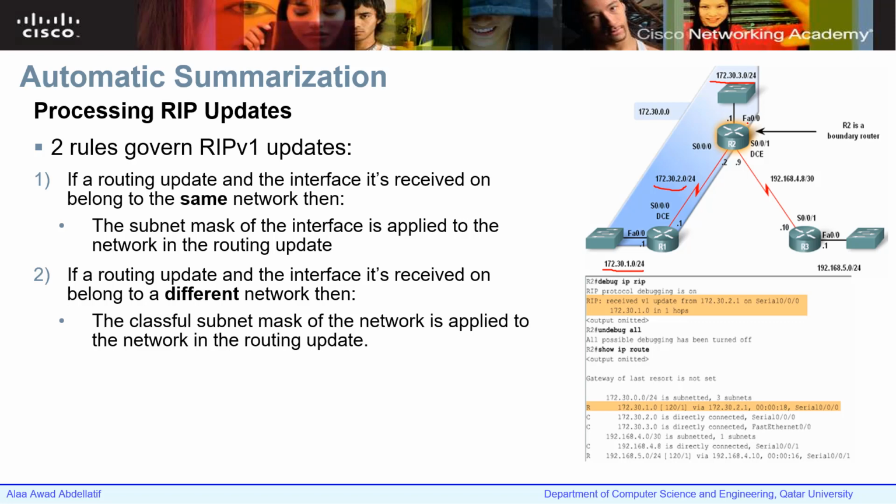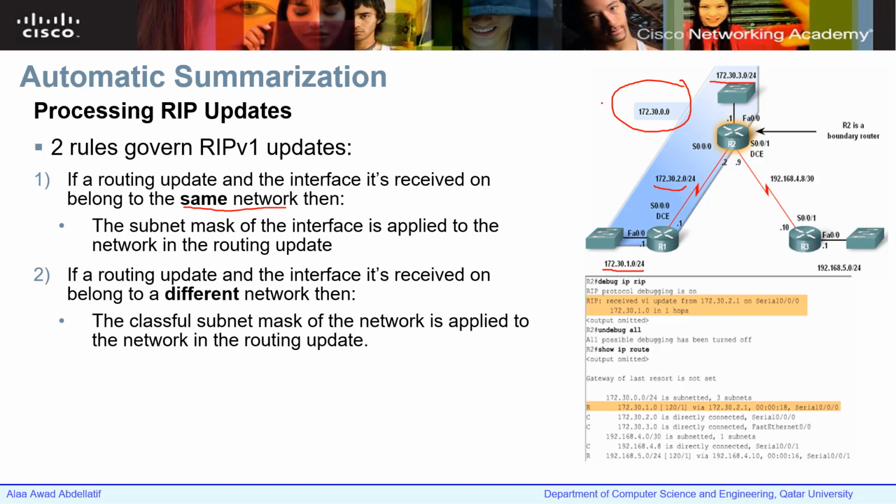So R1 and R2 belong to the same network, so they will include all interfaces or all subnets in the routing table. But should R3 include 172.30.2 and 172.30.3? No, R3 will include only the summarized subnet 172.30.0.0.